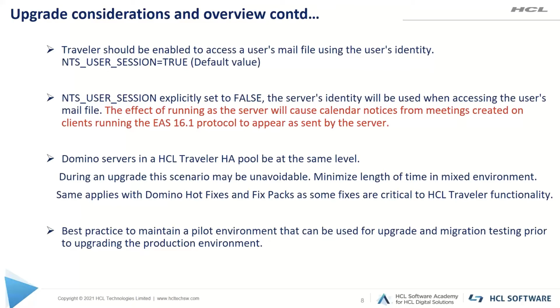However, you can reduce the length of time you run in a mixed environment. The same thing also applies to the Domino hotfixes. So make sure that whatever Domino level and hotfix you are using for one server, you keep the same for all the Traveler servers in the HA pool.